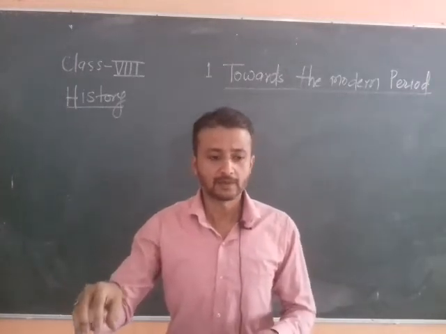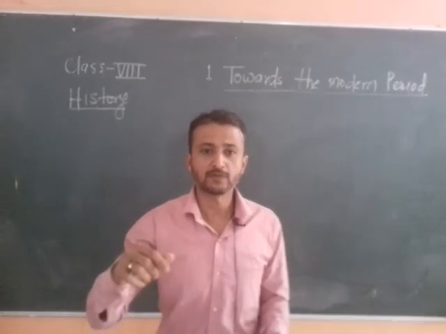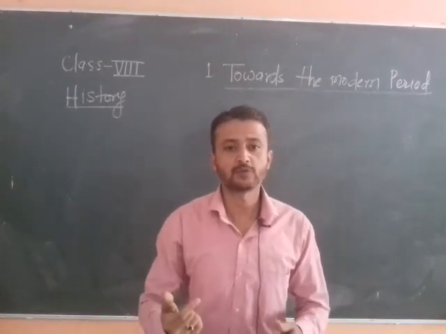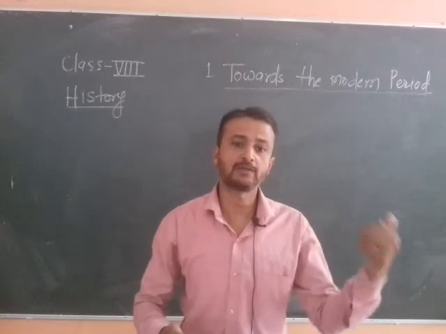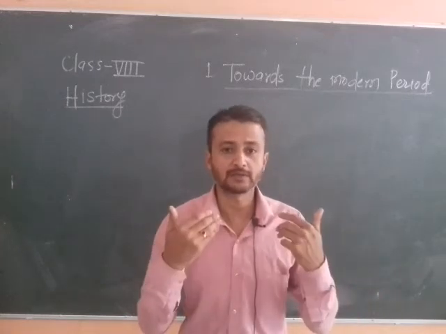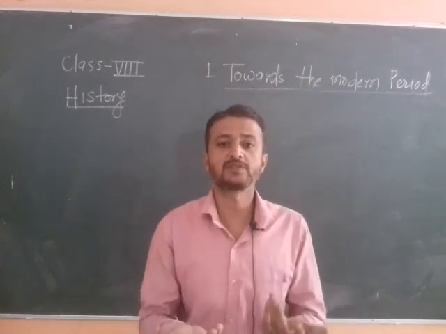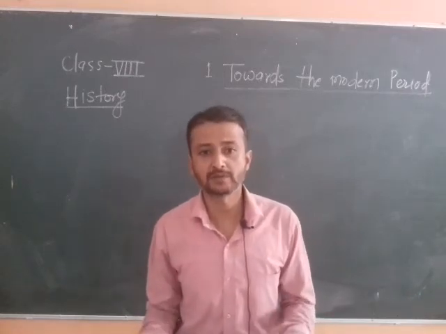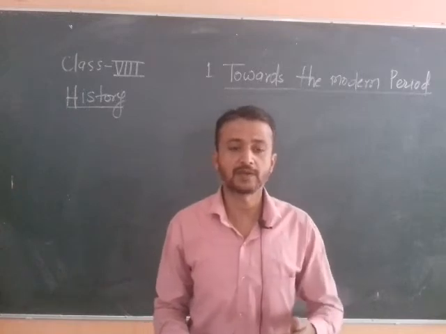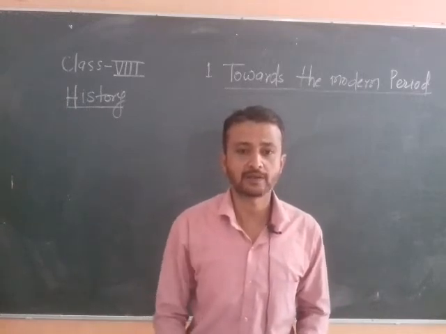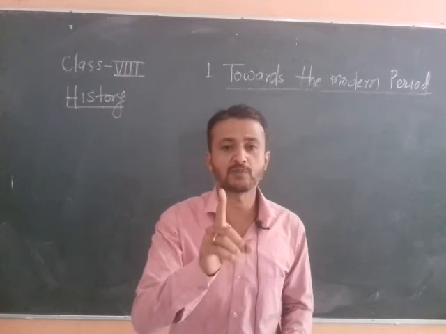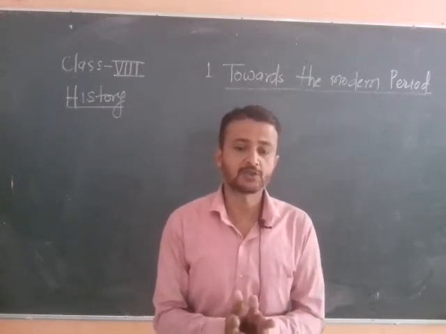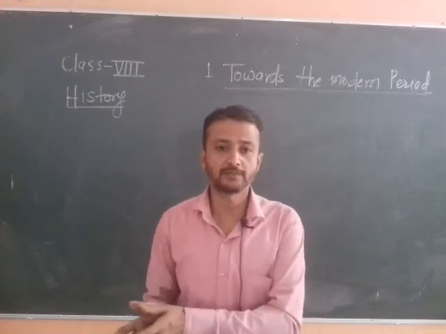Earlier it was feudalism, but now in modern period people were not ready to be exploited by the landlords. Now they are asking questions, that they had no right to exploit any human being, even if they are lower in social hierarchy. One more important feature of modern period is democratic politics based on the idea of liberty and freedom.